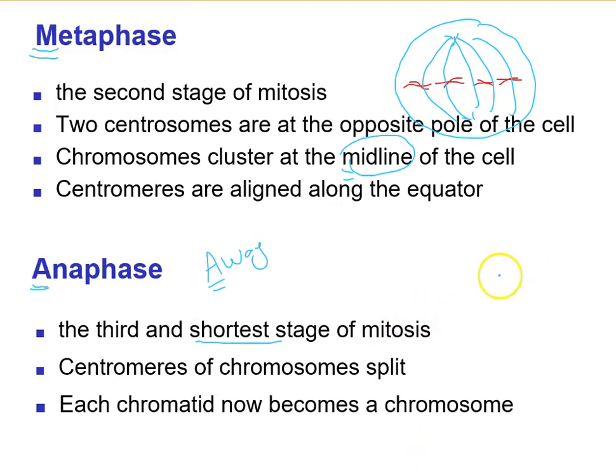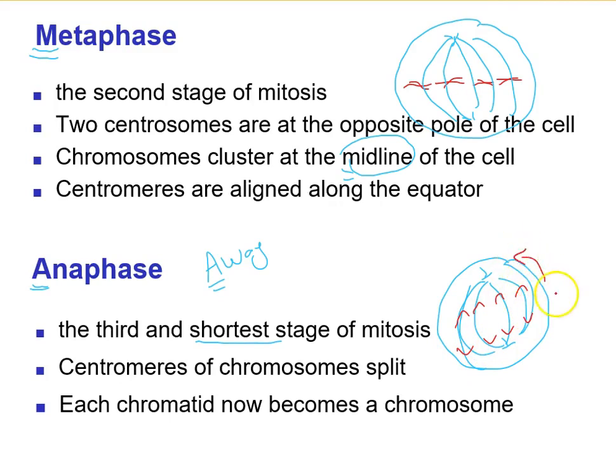So if I want to draw one more time a cell during the anaphase, I should draw the centrioles, the mitotic spindle, something like that between these two. And then we can see how these chromatids are pulling away from each other toward the opposite pole of the cell.